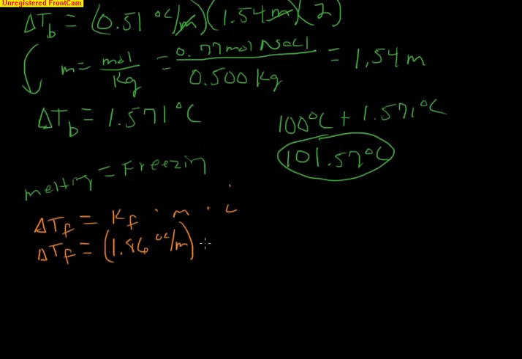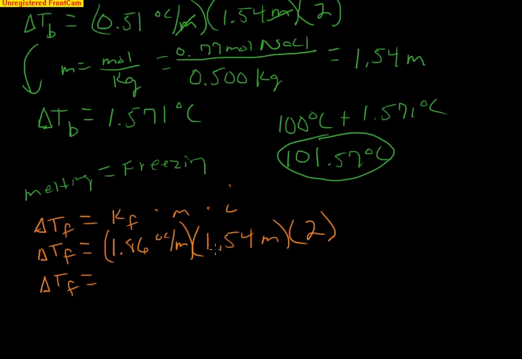So I'm going to go ahead and put in for molality the same thing, which was 1.54 molal. And the Van't Hoff factor, because it was still sodium chloride, that's not going to change either. So the Van't Hoff factor is 2. So when we multiply all of these numbers out, we're going to find our change in freezing point.